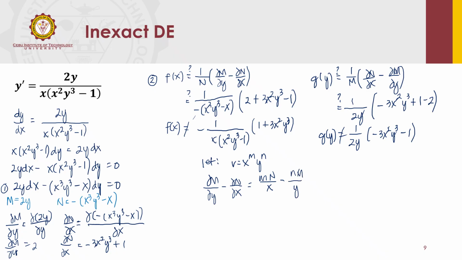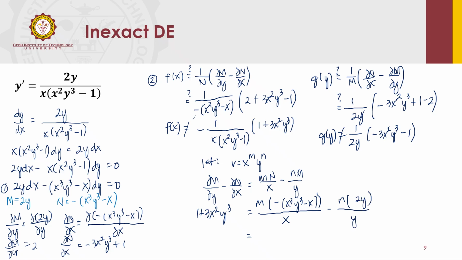This expression is basically this, simplified: 1 plus 3x squared y cubed. Then m, the unknown, times N, which is negative x cubed y cubed plus x, divided by x. And for the second term, it's n times M, which is 2y, over y.